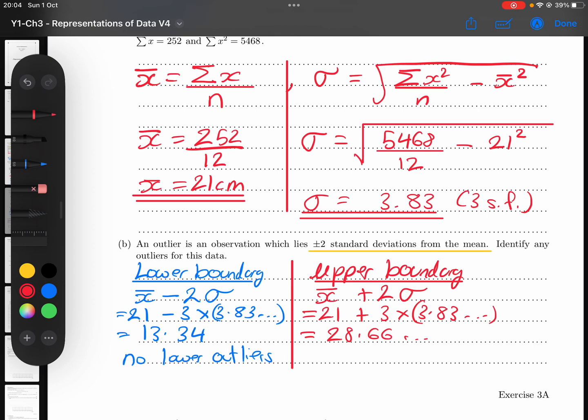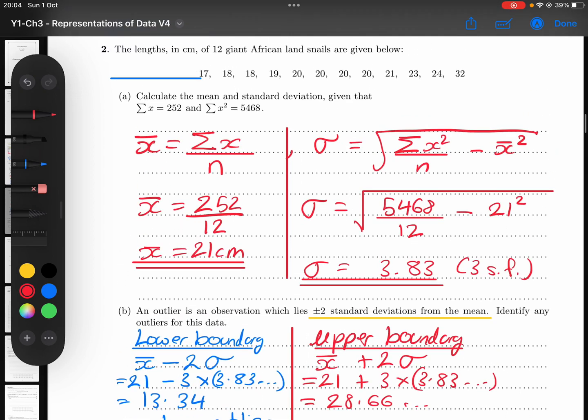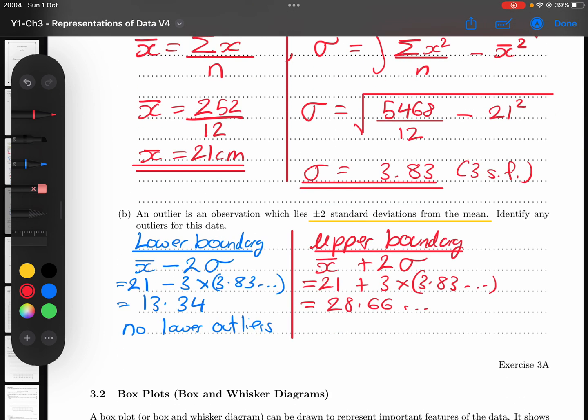And if we refer to the data set, we can see our cutoff value means that 32 is an upper outlier. And indeed, we can write a conclusion that 32 is an outlier. In fact, it's the only outlier of this data set.